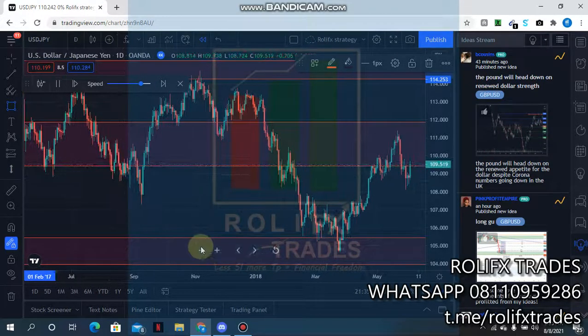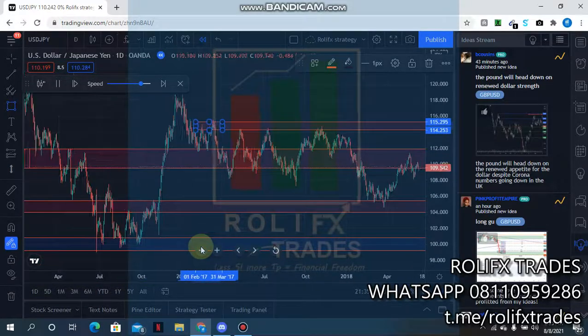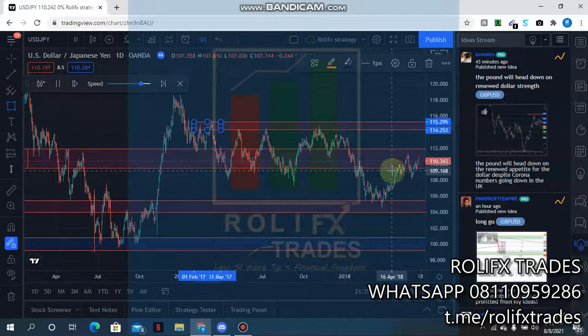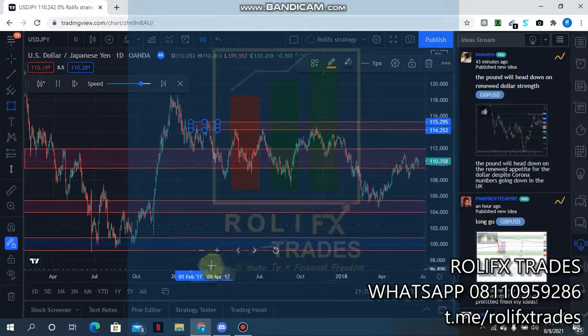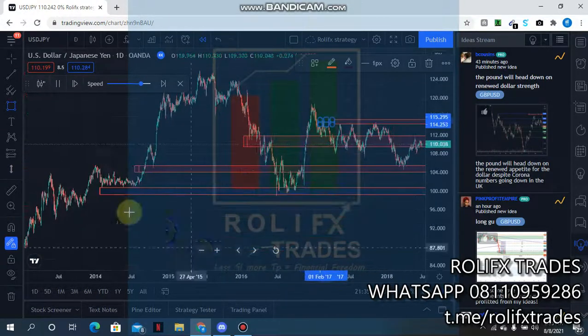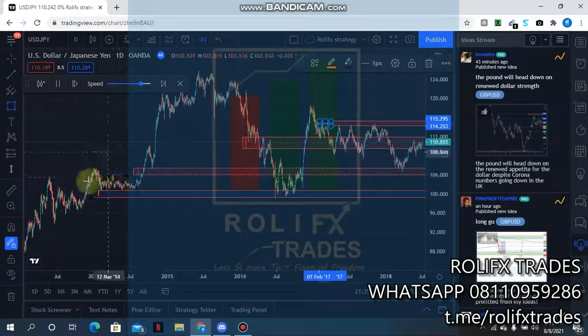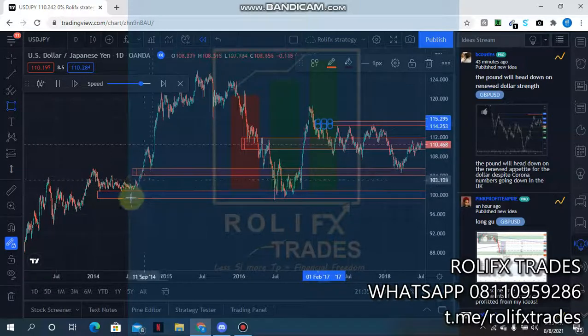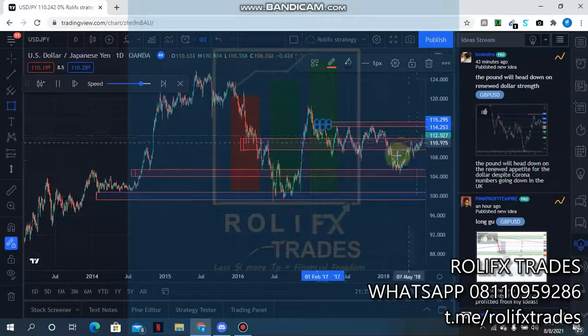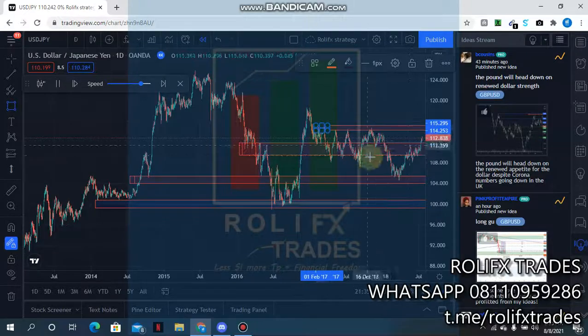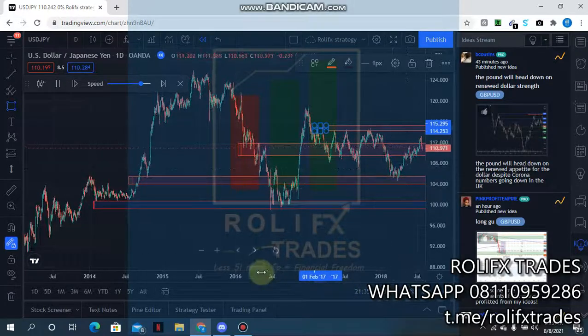As you can see, these are zones I marked out before price started reacting to them. The zones were marked out from this previous area of the market, and you can see how price action respects the zone now.